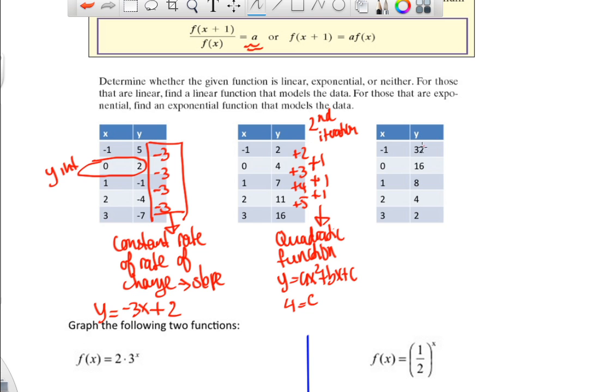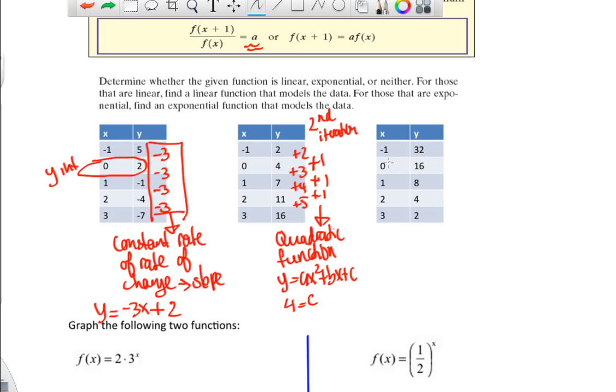So let's see, 32 to 16 is minus 16, 16 to 8 is minus 8, then minus 4. So it's not a constant rate of change, but you can sort of see here that we're always halving. So what you then need to do is check for the whole division thing. What do you get when you take consecutive values?